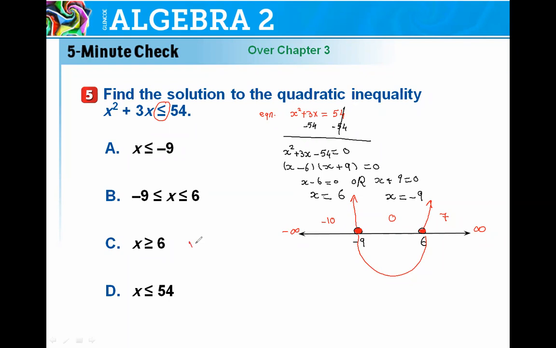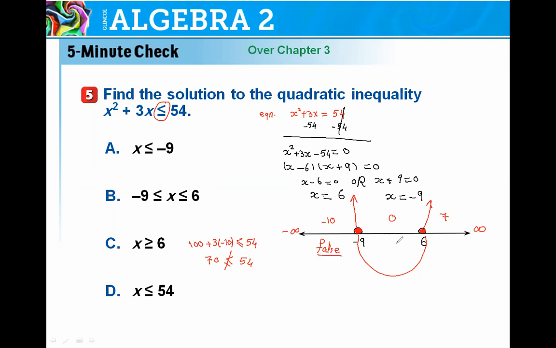So -10 squared will be 100, plus 3 multiplied by -10, and this is smaller than or equal to 54. 100 minus 30 is 70. So 70 is smaller than or equal to 54, and this is unreasonable. So we will ignore this, or this region will be a false answer.